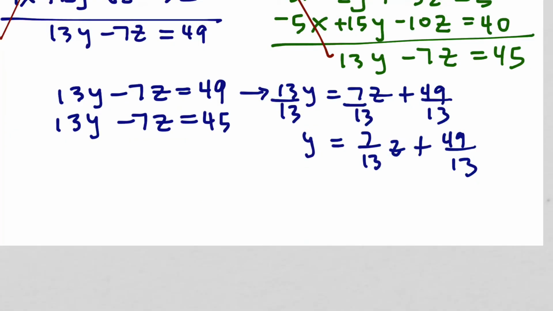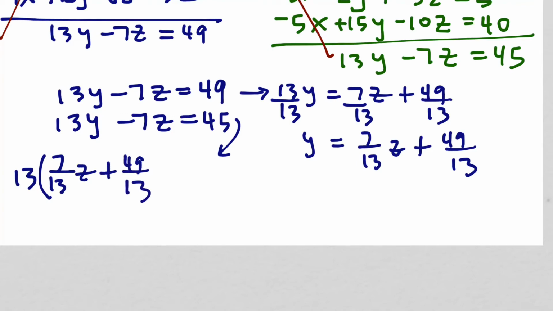Now I'm going to take that y expression and plug it into this equation where I have a y to solve this system here. So I'm plugging it in. So I substituted it in for y.